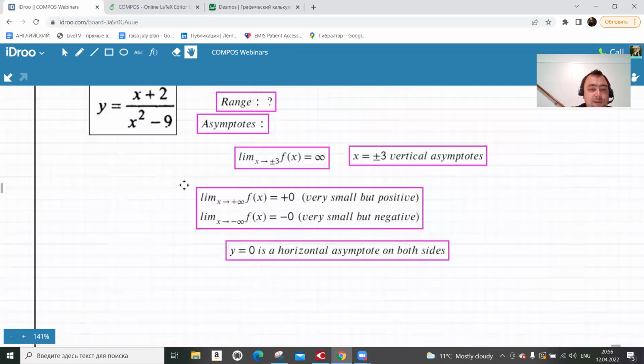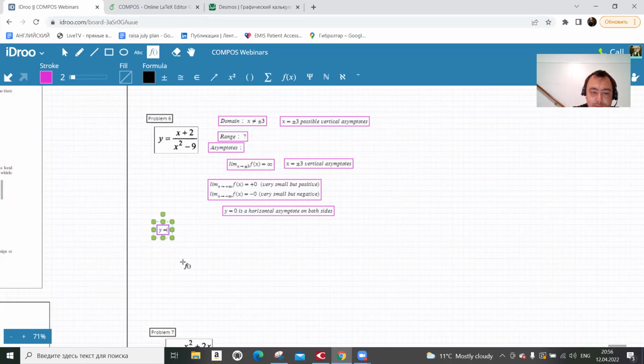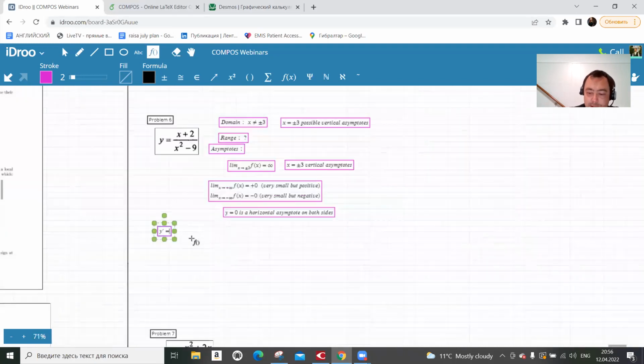Then we find the derivative. y prime: we need to use the quotient rule here.